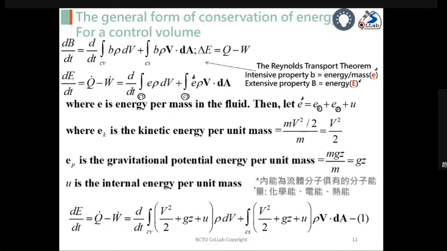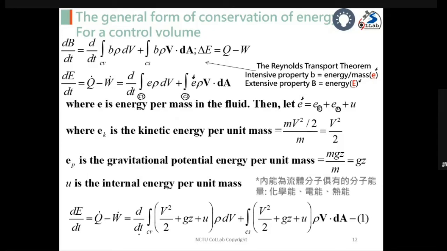The potential energy is equal to g, gravity, multiplied by elevation z. And the internal energy is such things as the chemical, electric, and heat energies.